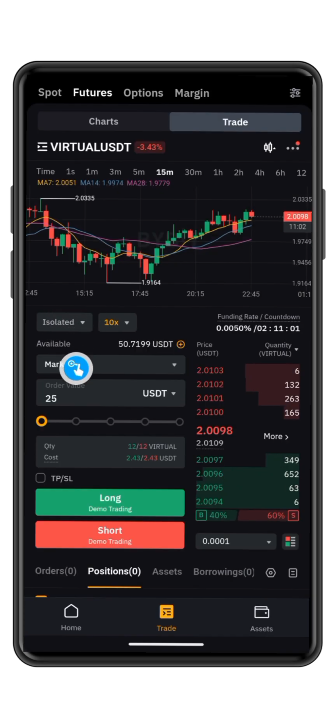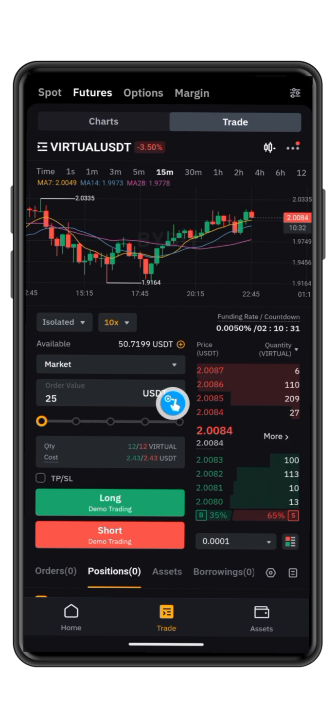On isolated margin mode, I would still have 25 US dollars as my position size because I still have 50 USD here, 10x, and I'm using 5% of this. So 25 USD will be my position size. Position size is the notional value of your trade, the value of the trade you want to take.